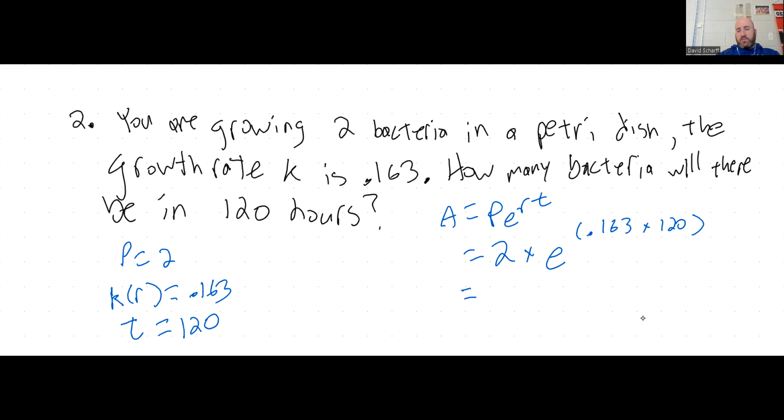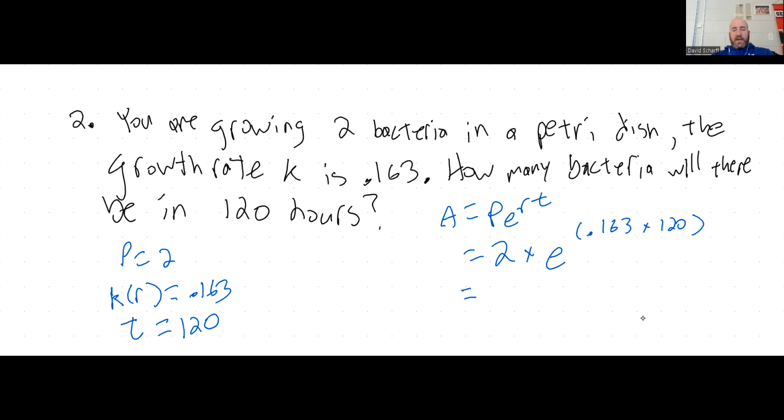What y'all need to realize is 0.163 is just under 0.166666 repeating forever, which is the decimal equivalent of the fraction 1/6. So that decimal roughly represents 1/6. So I have 1/6 times 120. 1/6 of 120 is 20.